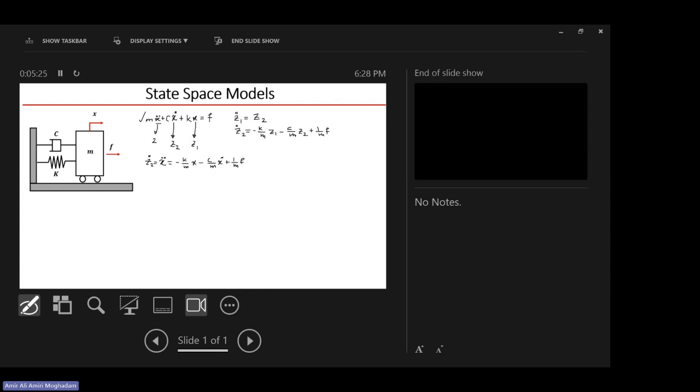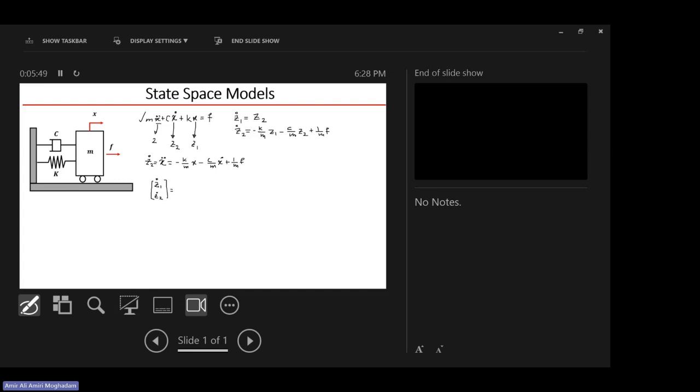The only other thing that I need to do is to write it down in matrix form. So I'm going to do it right here. I'm going to write down the vector of state variable derivatives. It's going to be z1 dot and now z2 dot.